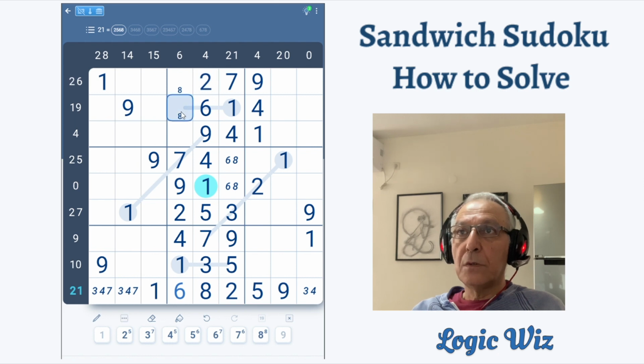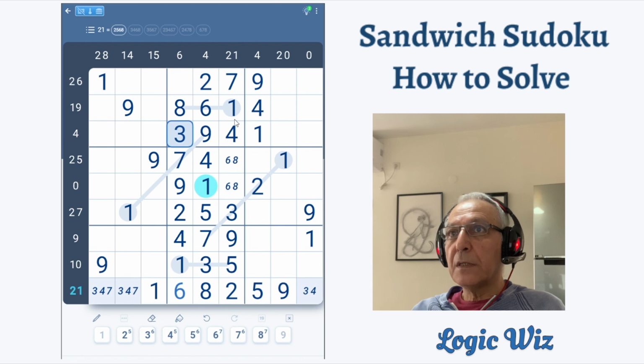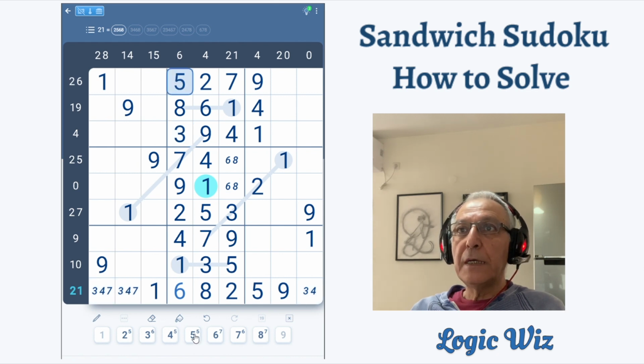Now, since 7 is no longer an option here, and 9 is not an option here, 8 must be here. And we have 3 missing, 3 can be only here. And 5. Now we have a lot of digits of this sum.